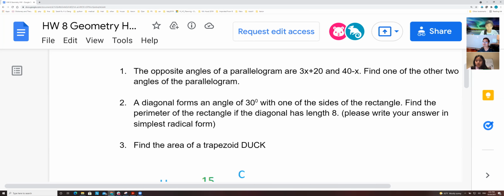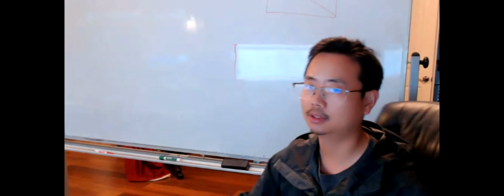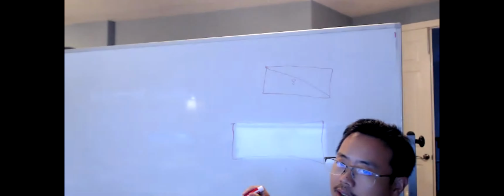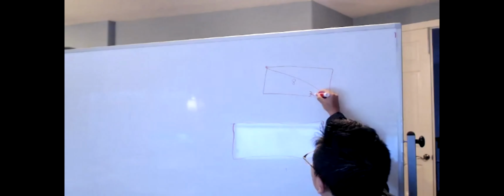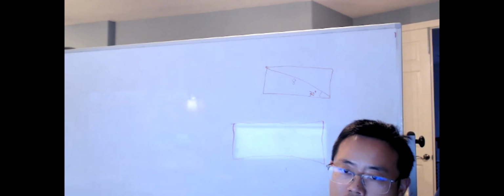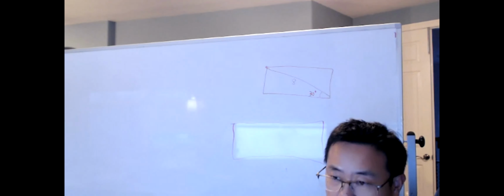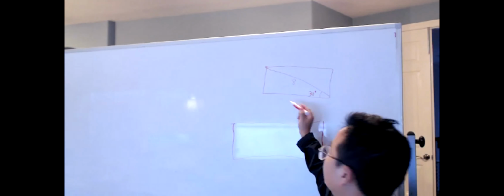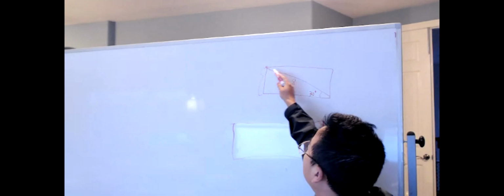Okay, thank you. It probably deserves just a tiny little bit of explanation. So this is all we know. This diagonal is 8, and we know the 30 degree. Avanish mentioned there is a 30-60 rule, which means when you have 30 degree, the opposite side is always half of the diagonal.